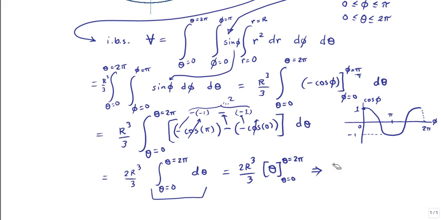So the volume, of course, this was all the integration to find the volume. The volume is 2 pi times 2R cubed over 3, which is 4 pi R cubed over 3.